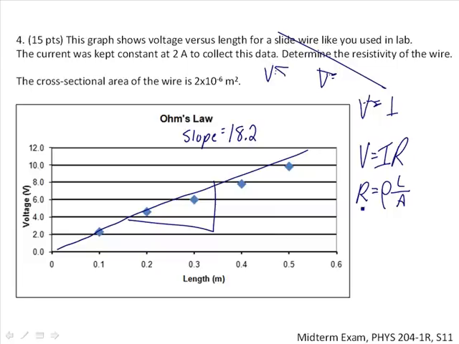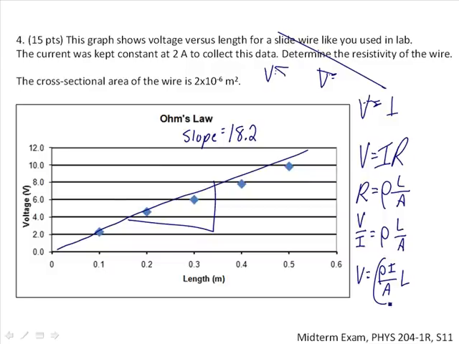So I'm going to replace R in this equation with V over I, and V over I is equal to rho L over A. Rearrange this equation, and I have V is equal to rho I over A times L.